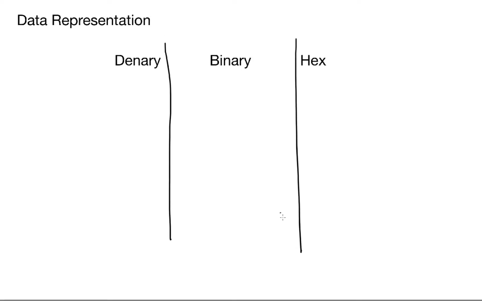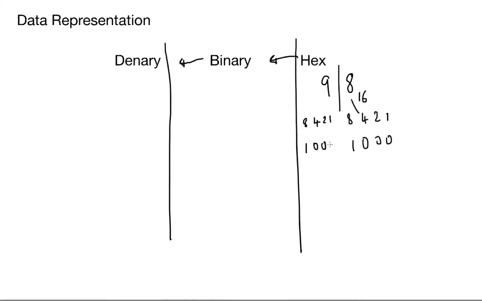So let's reverse that process. Let's go from hexadecimal number 98 base 16. To reverse that, all I'm going to do is split it in half. I convert 8 into a 4-bit binary number, 1000, and I convert 9, 1001.